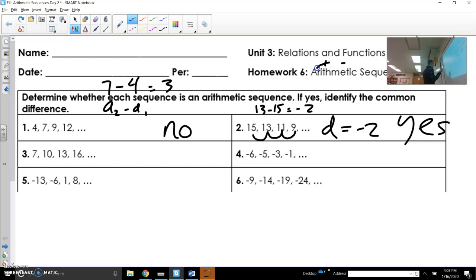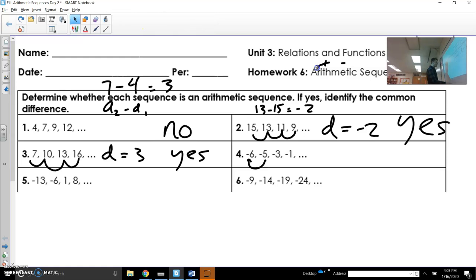So let's try another one. 10 minus 7, it looks like it's adding 3, adding 3, adding 3. So the common difference is positive 3, and this one is yes. Let's think about this one. If I did negative 5 minus negative 6, that is positive 1.